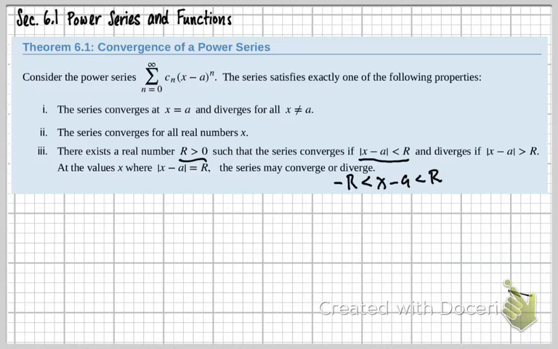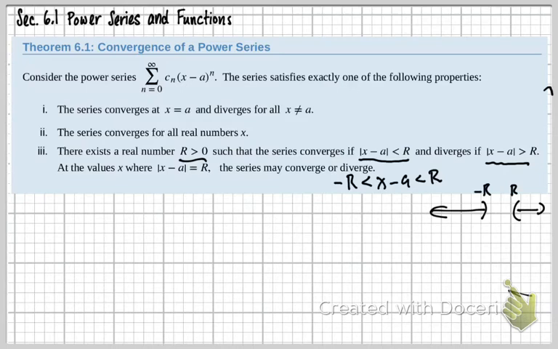All right, and then it says it diverges if it's greater than it. So that means if I'm outside of that area. So that means it would be the other way, like I would have these kind of conditions. And then in there would be r and negative r. And then outside of those conditions, that's where this would diverge.